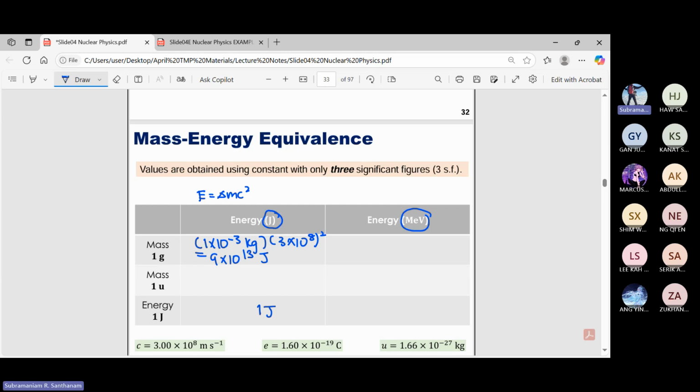So then from there, how do I change this to MeV? Okay, from joule, how do we change to MeV?